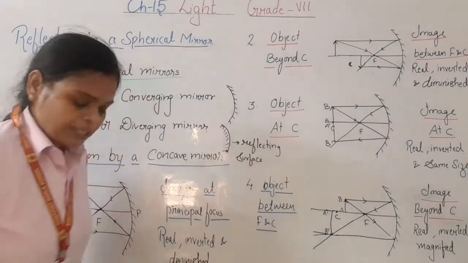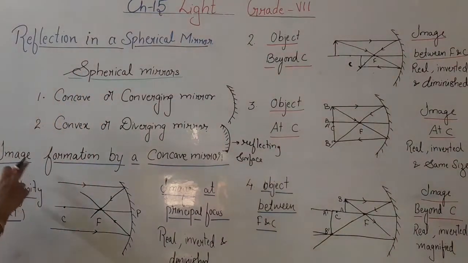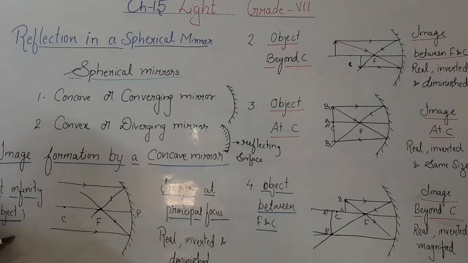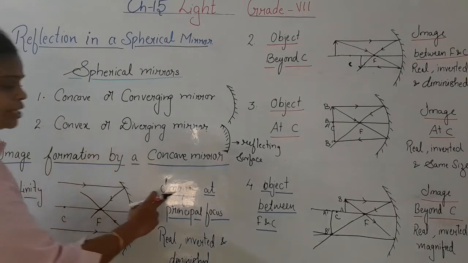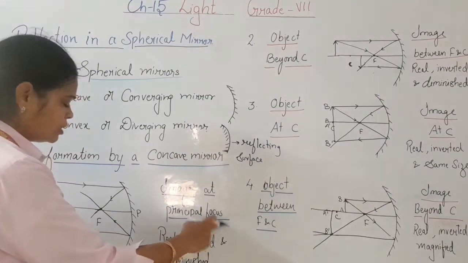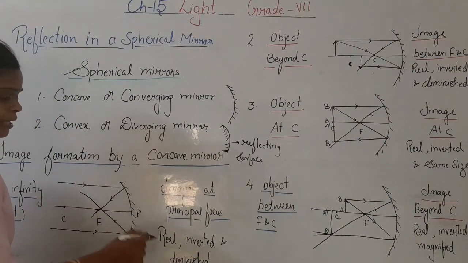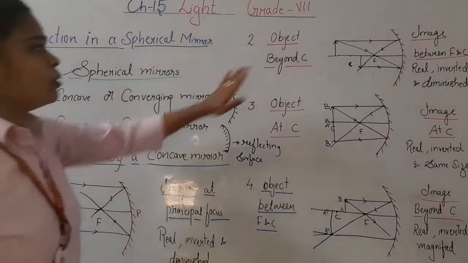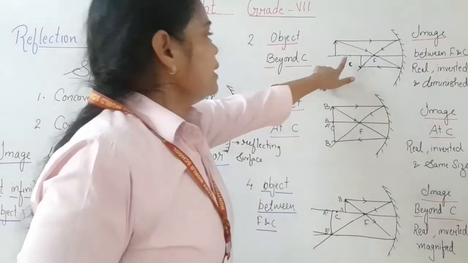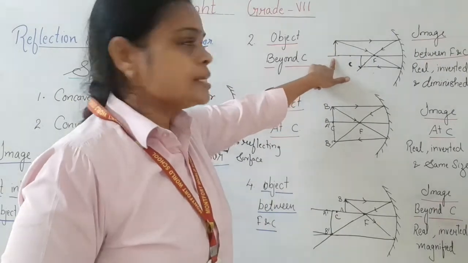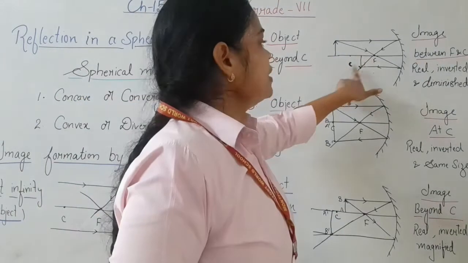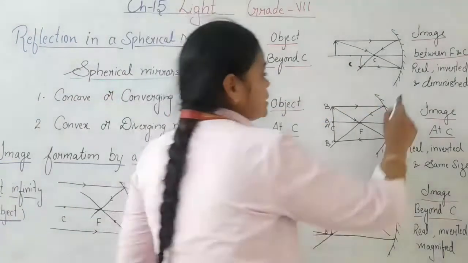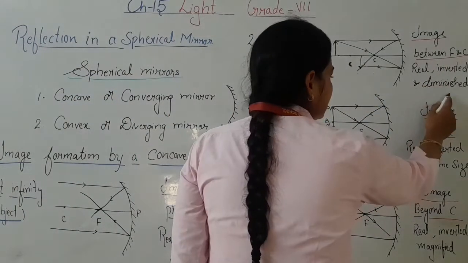Once again I am repeating the image formation by a concave mirror. If the object is at infinity, then the image is formed at the principal focus, and its nature is real, inverted and diminished. If the object is beyond C, then the image is formed between C and F, and it is real, inverted and diminished.